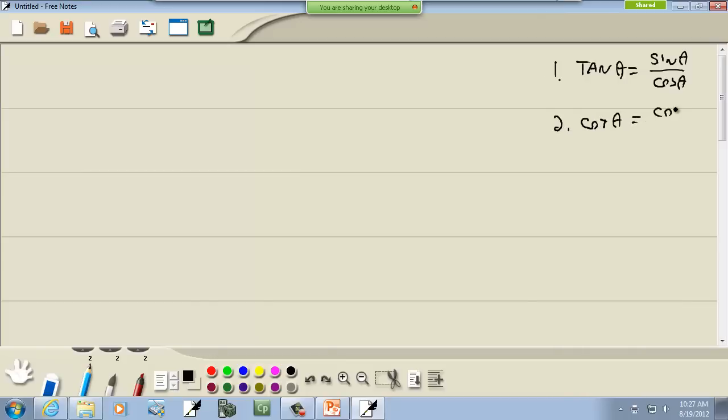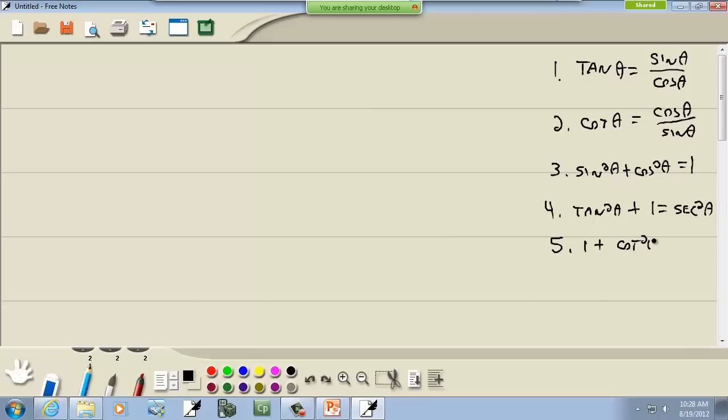Cotangent theta is equal to cosine theta over sine theta. Usually sine is written first, so I'll do that. Sine squared plus cosine squared is equal to 1. And I never have these memorized. I just derive them in my head each time because it's so easy. If you divide everything by cosine squared, then you'd get tangent squared plus 1 equals secant squared. And if I divide everything by sine squared, I get 1 plus cotangent squared is equal to cosecant squared.